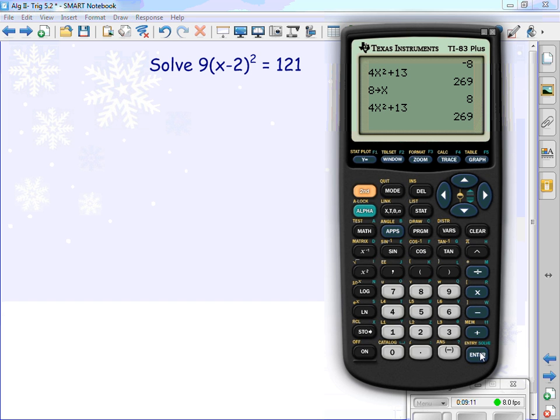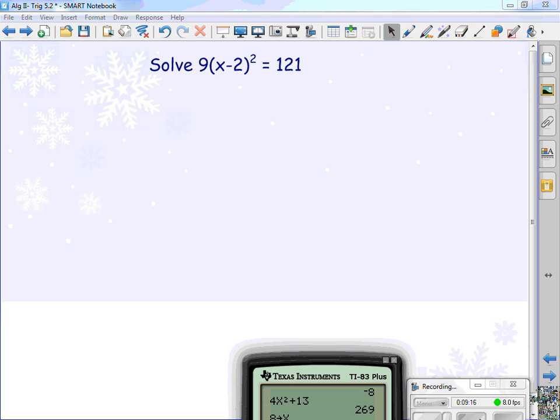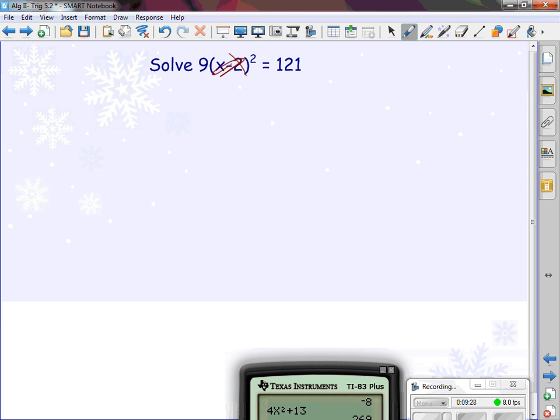Here I have 9 times the quantity of x minus 2 squared equals 121. I can't distribute. This 9 can't break in there first because that's squared. But I'm not going to FOIL this. Think of this as one giant x right here. What does that say then? 9x squared equals 121.